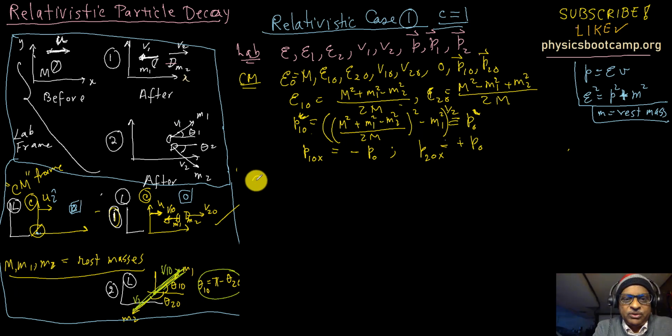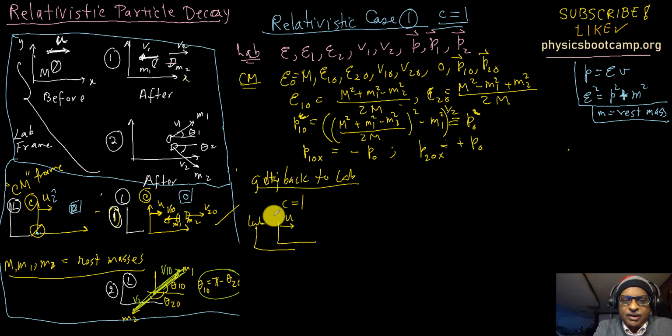So how do I get back to the lab? Well, when c equals 1 and you have this u, and this is the lab, the transformation is that the lab quantity E, and these guys will all be primes. I'm going to use primes.